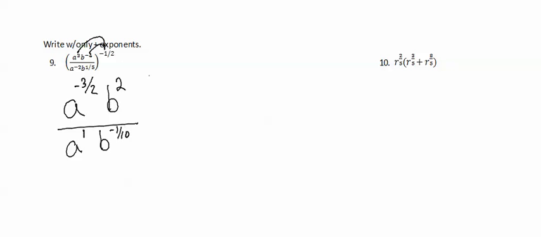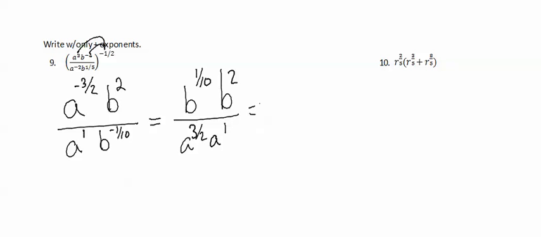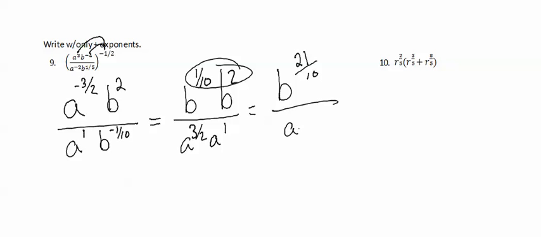From there, because I just want positive exponents, I'm just going to move those around. I move the b to the top and that a to the denominator. And then I'll just go ahead and add those together. So it will be b, and if I have a common denominator, that will be 21/10, and then in the denominator I will get a to the 5/2.